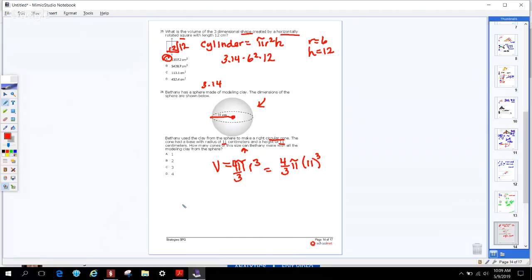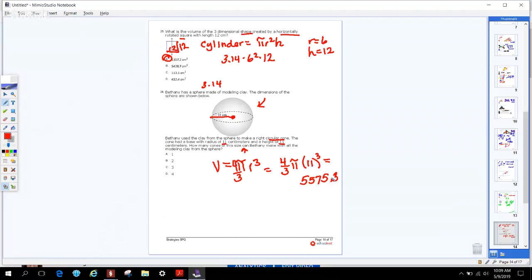So I'm going to do that math out. Yep, 5,575.3. Okay, and then it says how many cones can she make from the sphere?